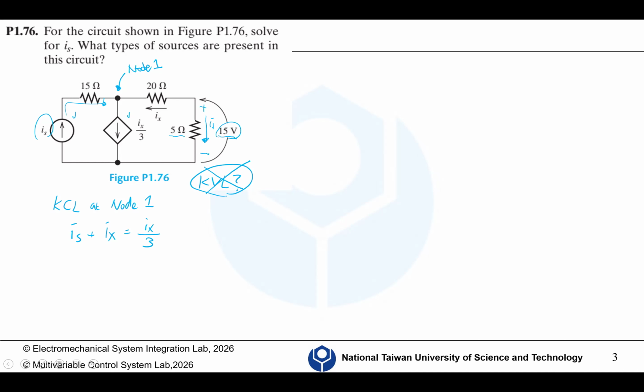The current I1 always flows from high potential to low potential, which means it flows from the positive to the negative terminal. So we leave this because there are two unknowns, but we can solve I1 first. I1 is 15 divided by 5, which is 3 ampere.